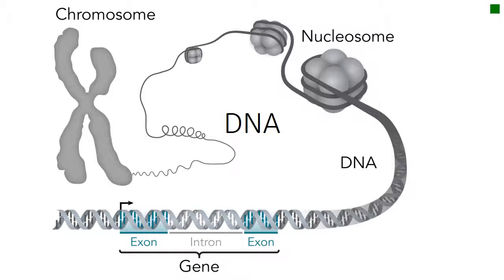So for example, if you're tall and you have blue eyes, and you have small feet, that is all coded in your DNA. Okay, your DNA is found inside the nucleus of a cell, but we'll talk a little bit more about that in the next slide.